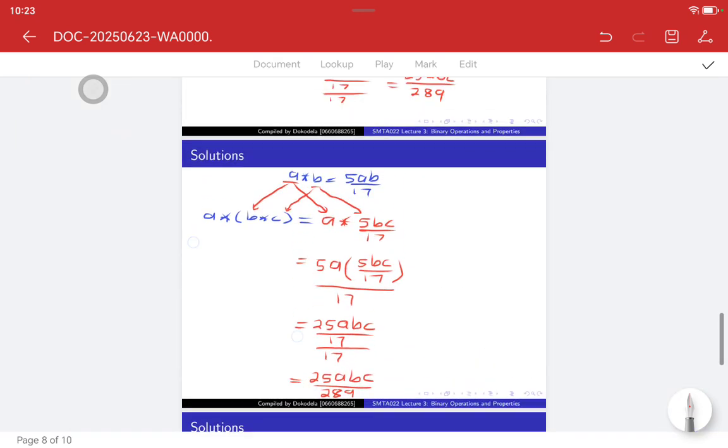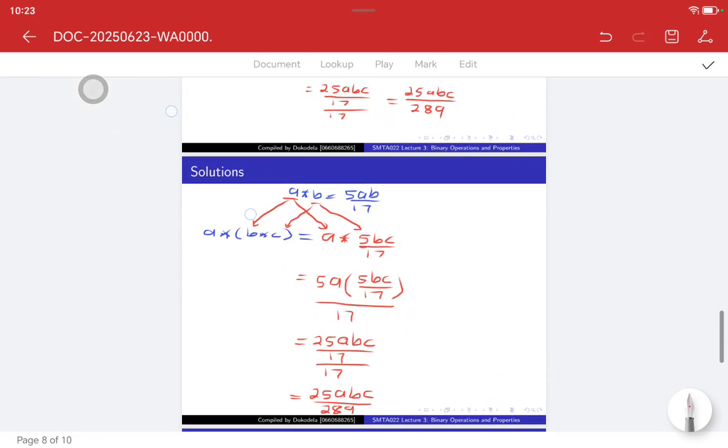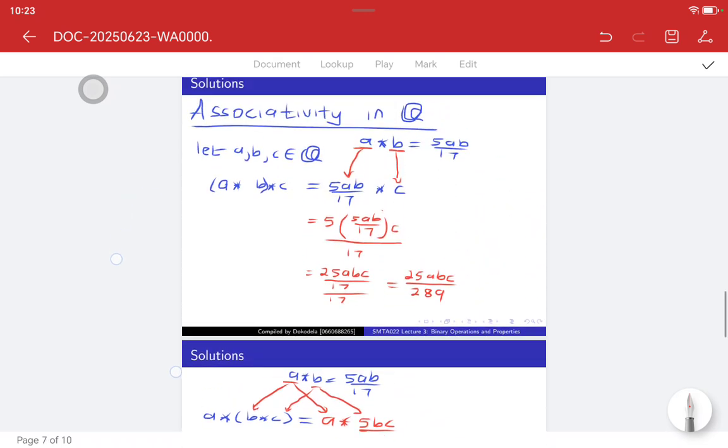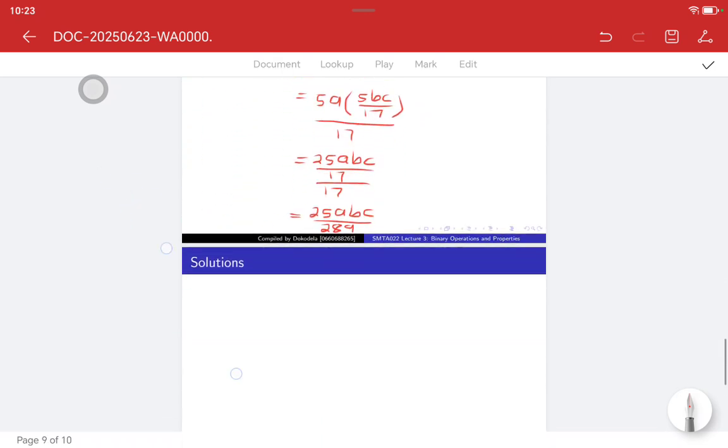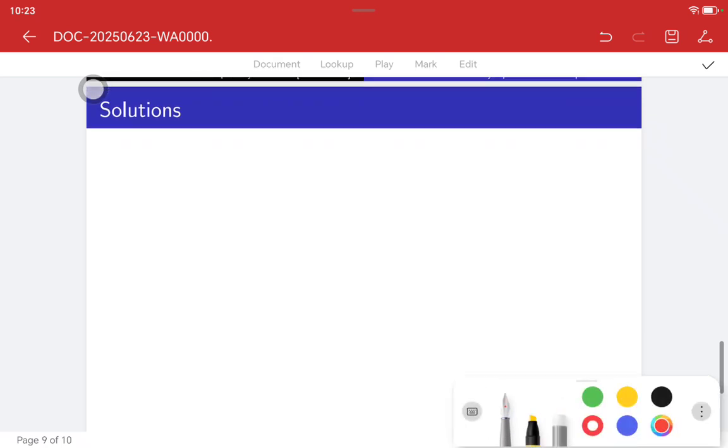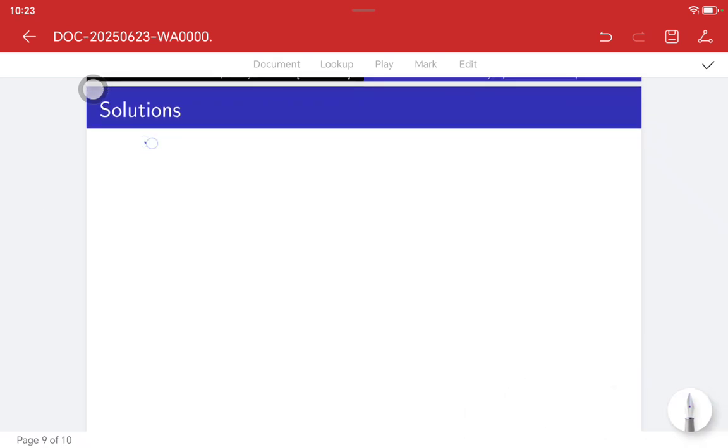When we check, the left hand side and right hand side are equal, right? So it means that associativity is satisfied. So we can just conclude here to say A star B star C is also A star B star C. Since this is the case, we can now conclude that this is satisfied.